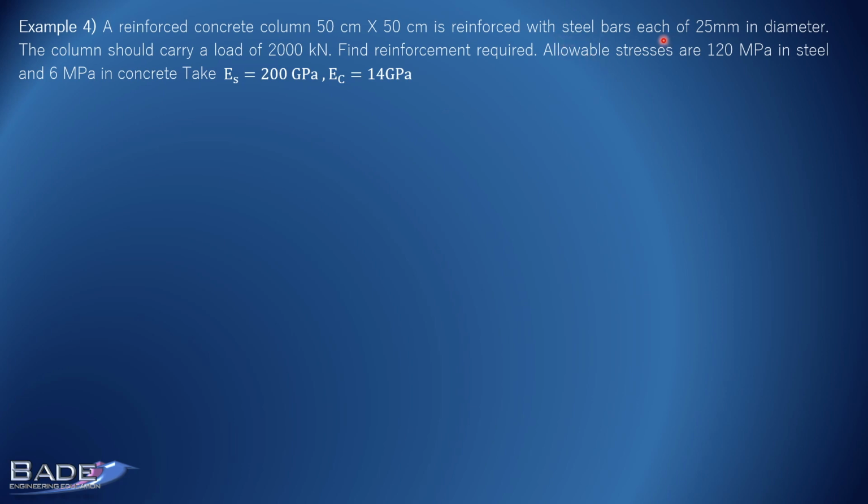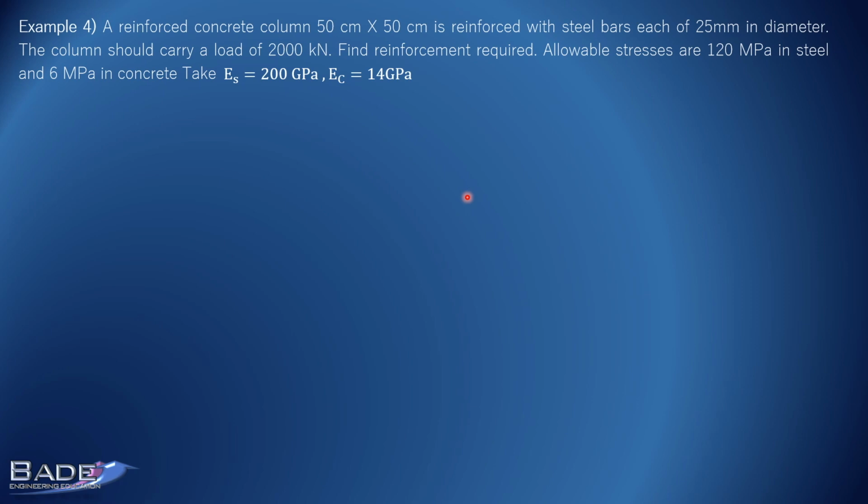Since it is clearly given that each steel bar is 25 millimeter diameter, we are going to find out how many bars are required. Do you remember, in the last problem there were 4 bars given, but in this case that decision we are going to take. So we are going to design it.